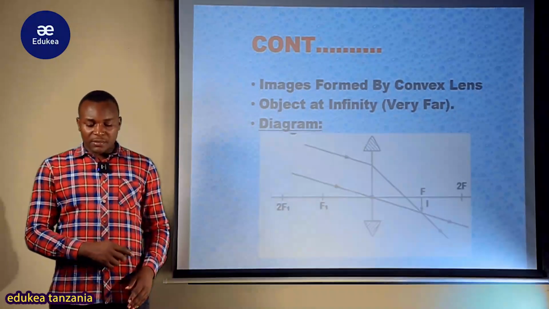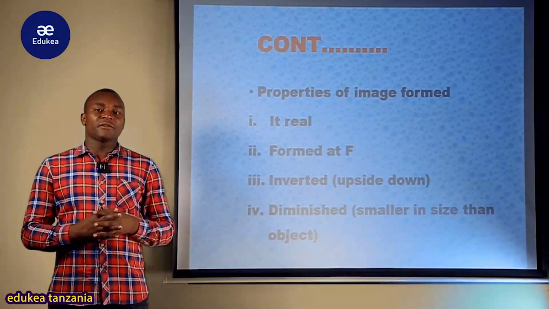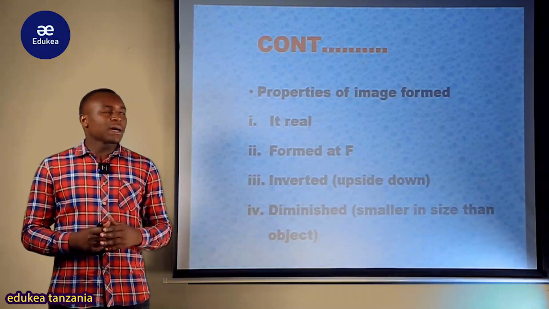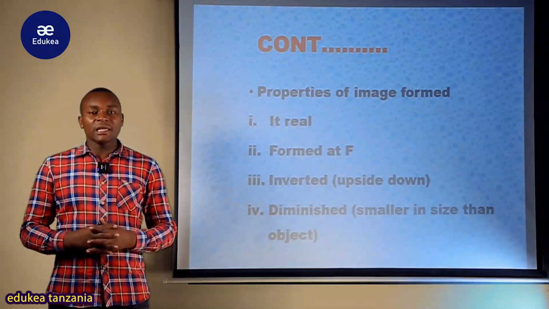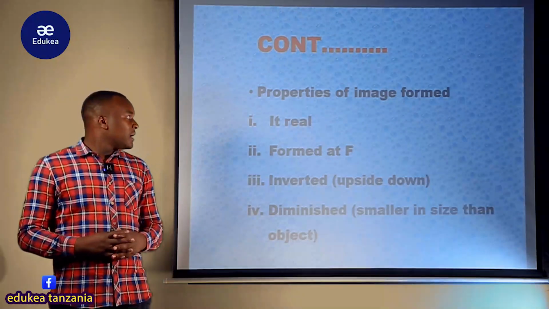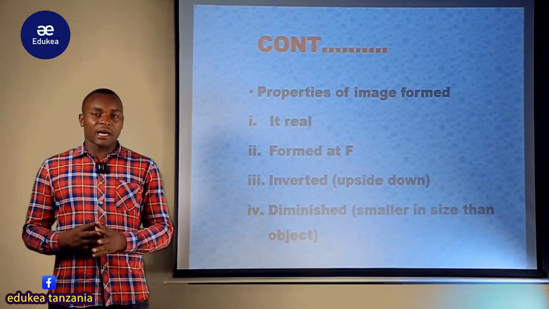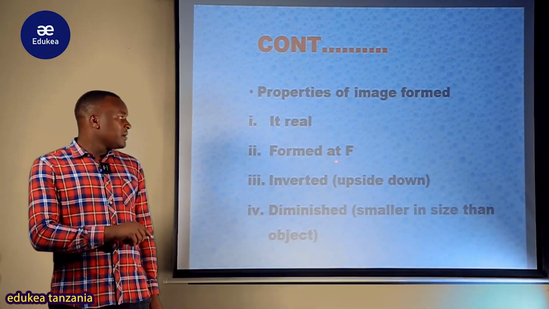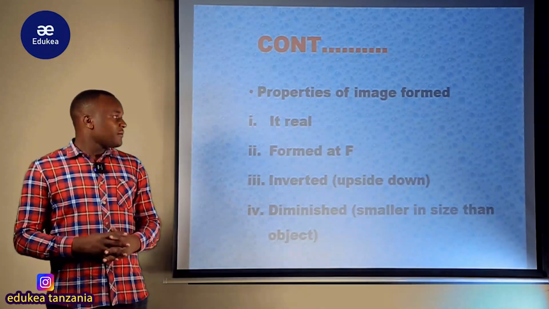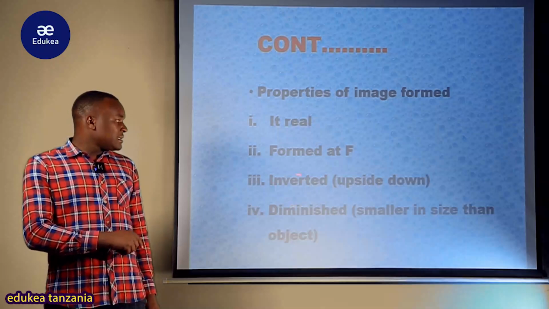So tuone its properties, kwamba properties formed by image ambayo inakuwa katika infinity. The image formed, it is real. Why it is real? Inakuwa ni on the same side na object yako. Also formed at principal focus, formed at F, but it is inverted.